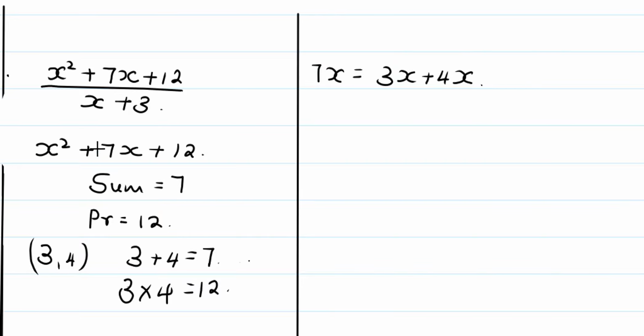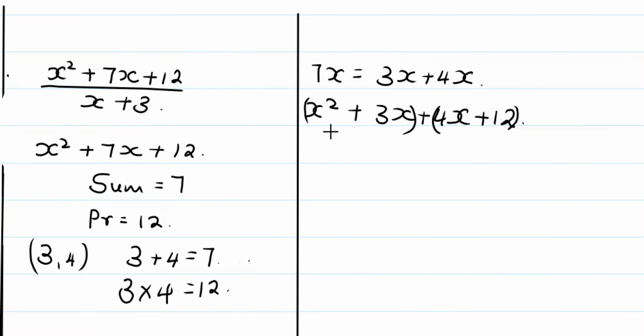So now it will be x squared plus 3x plus 4x to replace the 7x, then plus 12. Then from there, I can just group like terms together, like this.